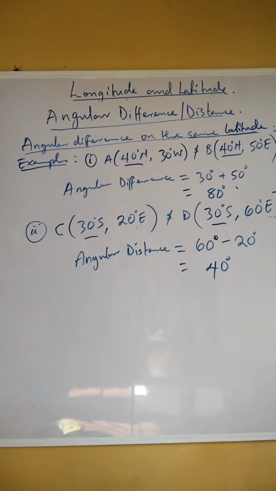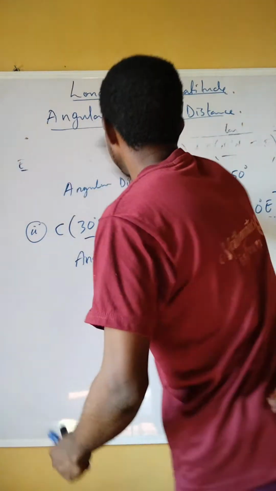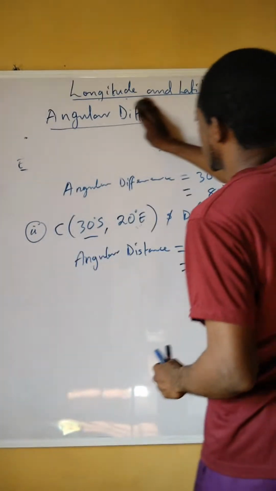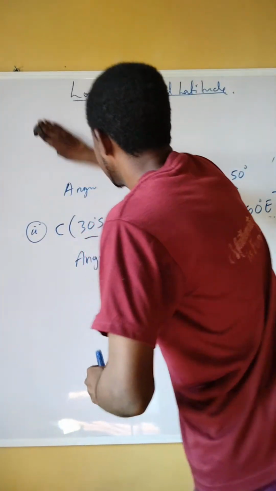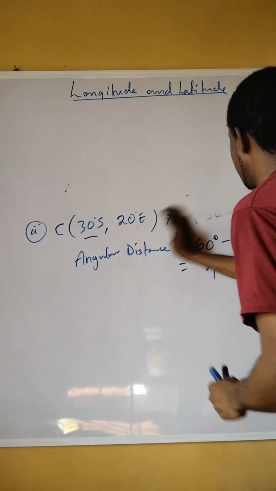So that is that. And next, we can find distance between 2 places. That is distances along a great circle. So let's look at that. Look at one example there. Distances along great circle.